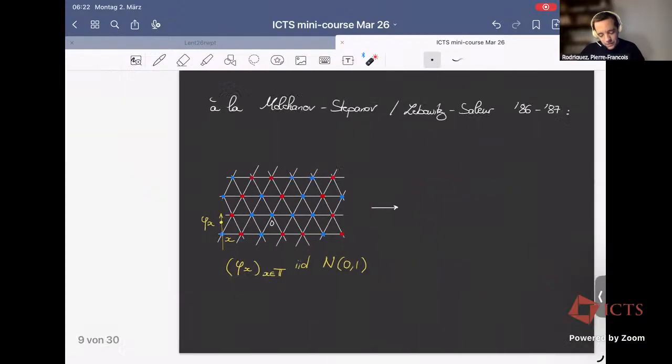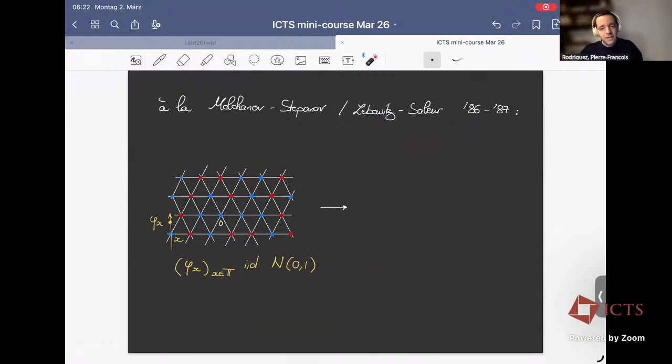And so if you humor me, let's just try and think of this in a slightly different way, which is going to make the next step perhaps a little bit more accessible and intuitive. Just imagine that you take your triangular lattice and you stick a little spin on top of every site of the triangular lattice.